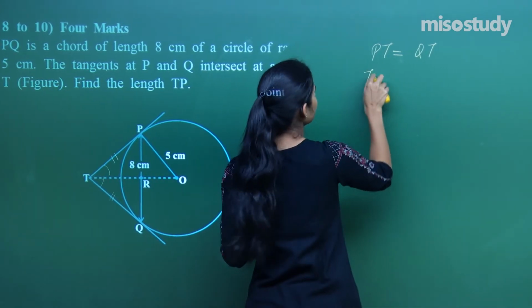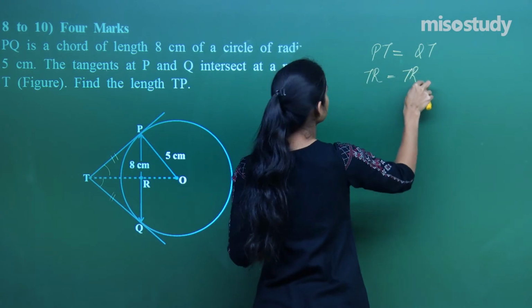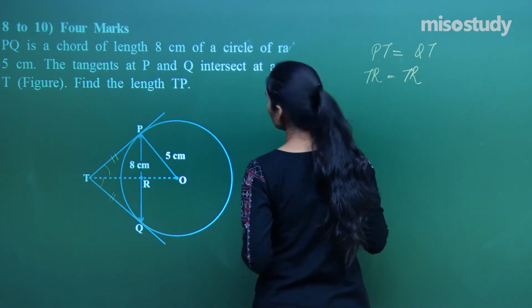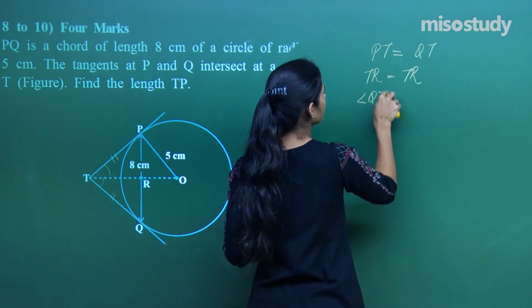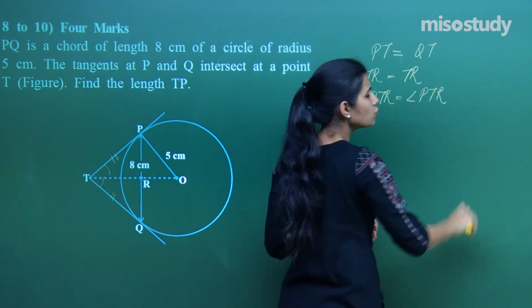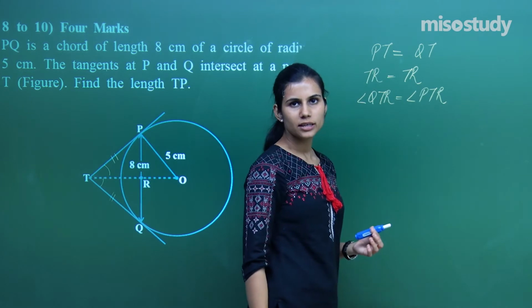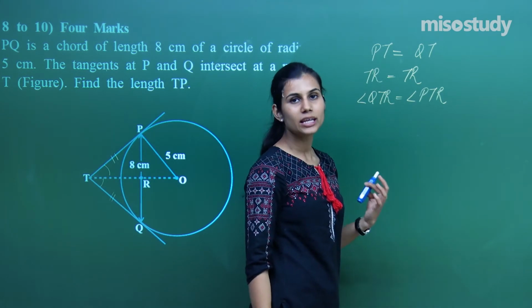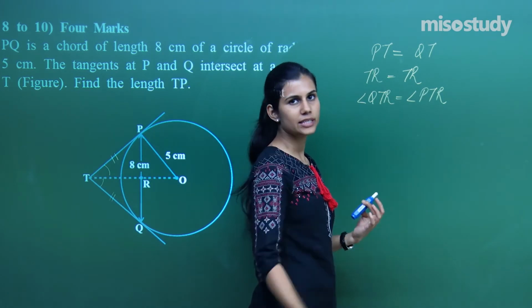Then TR is the same as TR, and I have angle QTR is the same as angle PTR, because the two tangents drawn from an external point to a circle are equally inclined with the line segment joining that external point with the center.